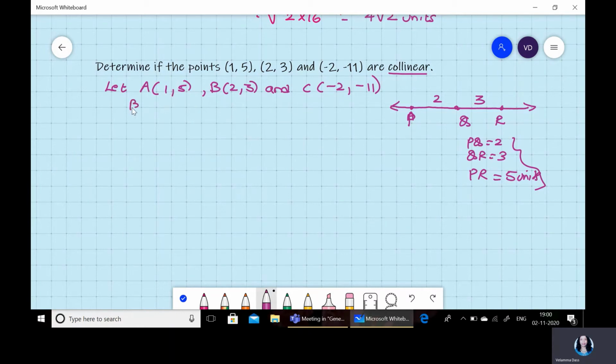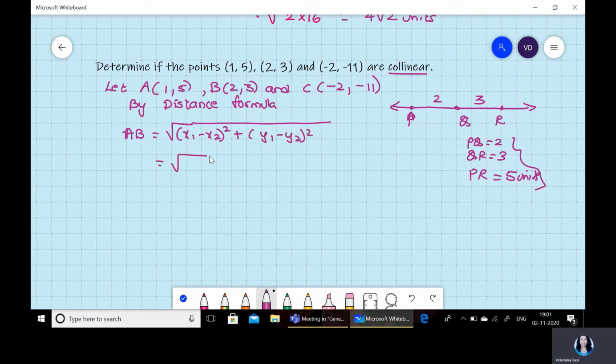Let's start solving. By the distance formula, let's first find the distance AB. Again we write the formula for the first time: the square root of x1 minus x2 the whole square plus y1 minus y2 the whole square.